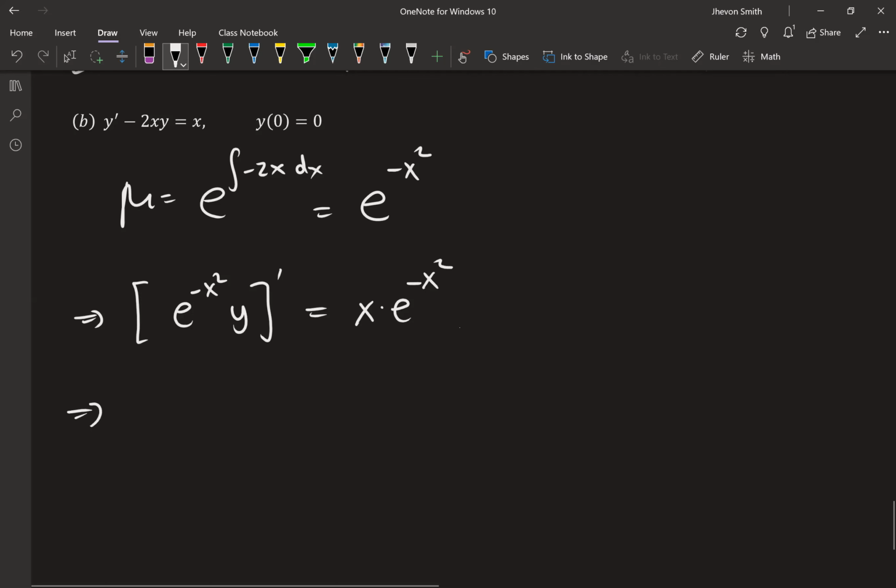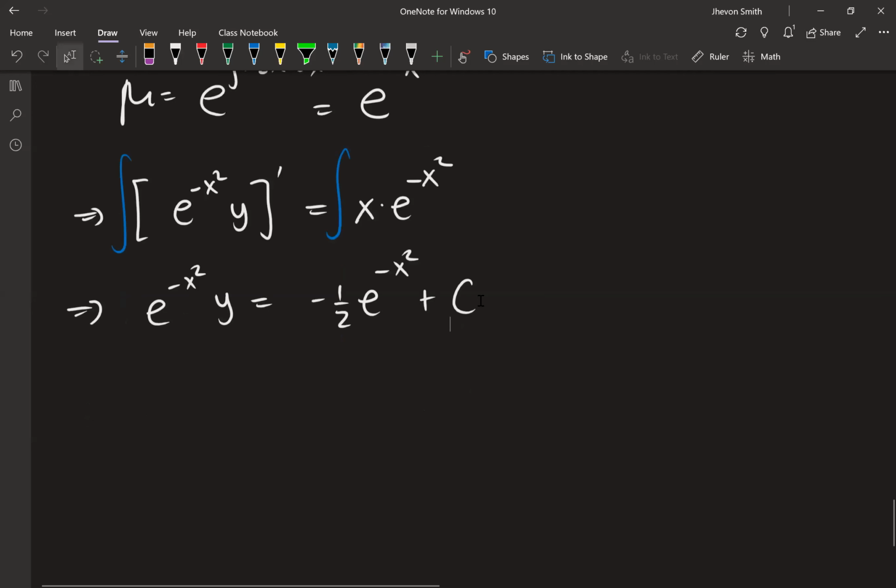Then I can integrate both sides. This side becomes e to the minus x squared y. This side is going to become minus 1/2 e to the minus x squared plus a constant, right?